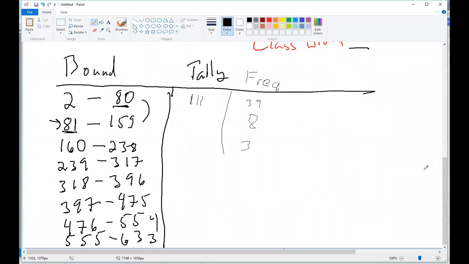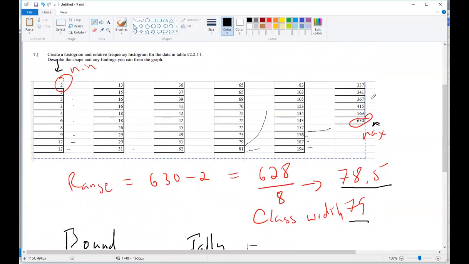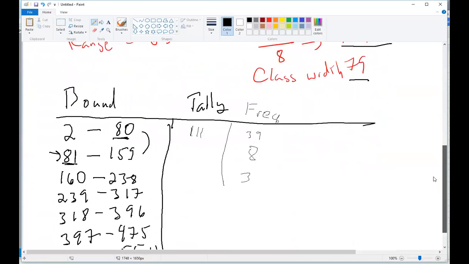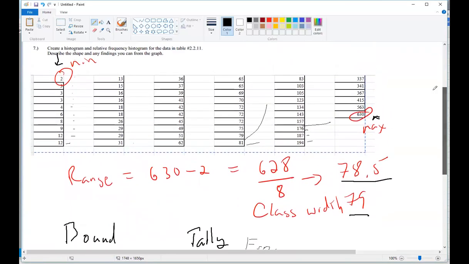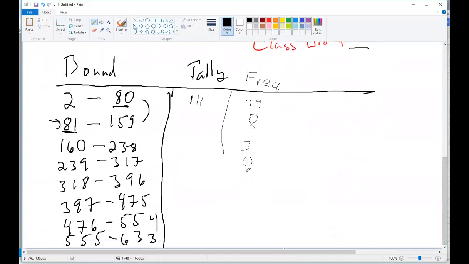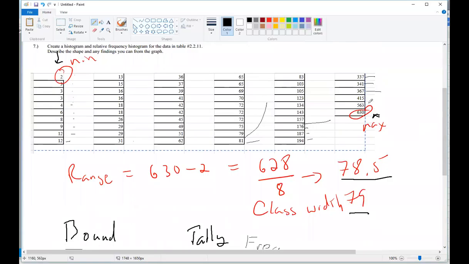And 239 to 317, I'm counting 0. And 318 to 396: 1, 2, 3. How many between 397 and 475? That is 1.